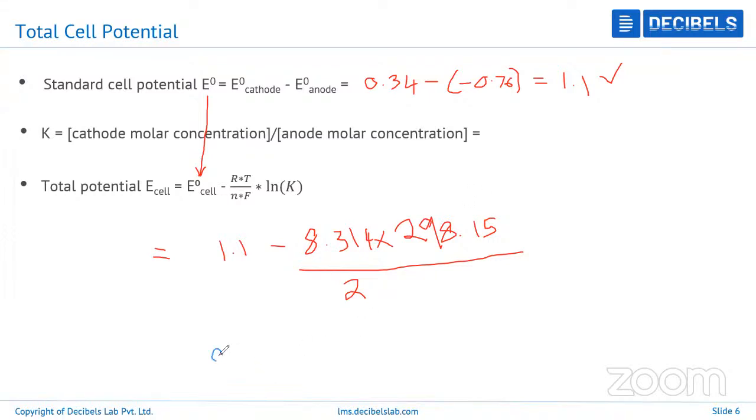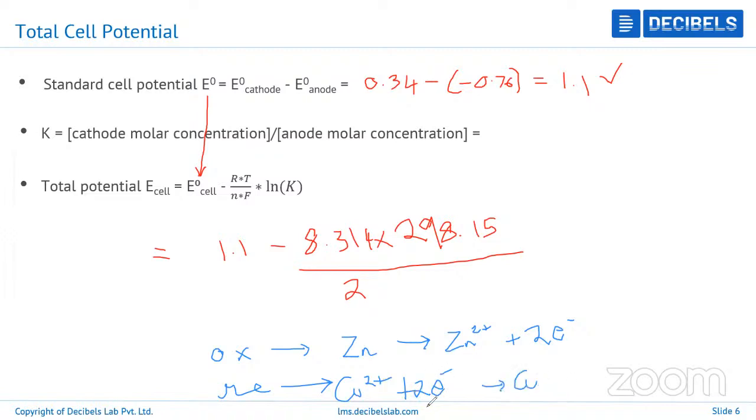So we know oxidation, what will happen? Zinc loses 2 electrons, so that becomes zinc 2 plus plus 2 electrons, right? And reduction will be copper gaining 2 electrons, right?